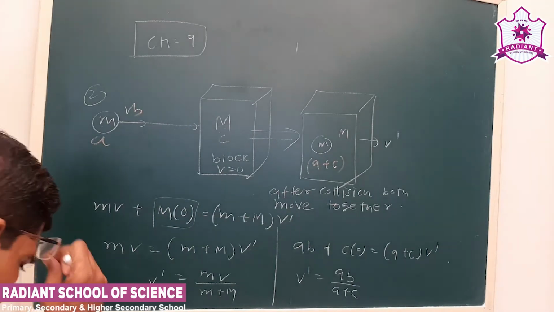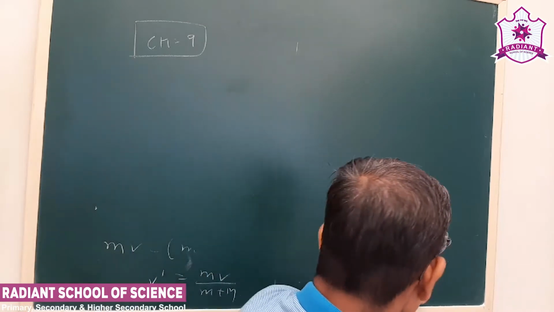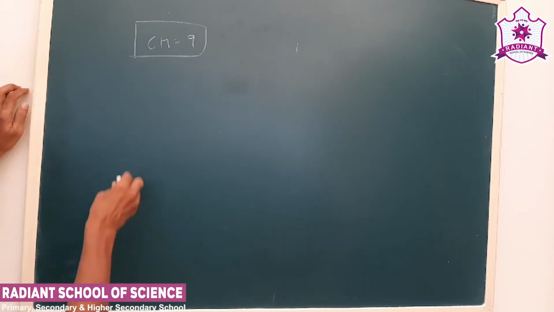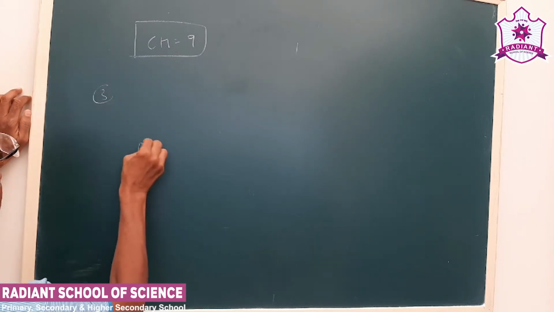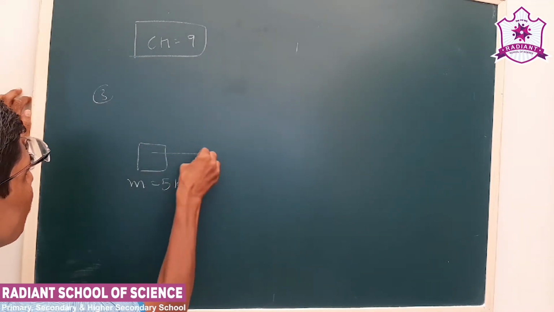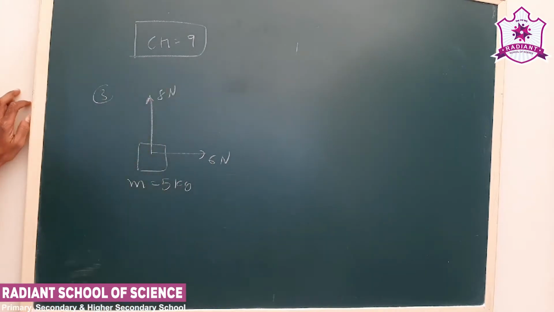Now see our next MCQ. The mass of the block is 5 kg, with forces of 6 Newton and 8 Newton at right angle to each other. What is the acceleration?